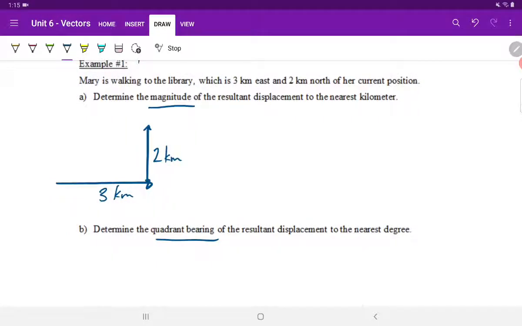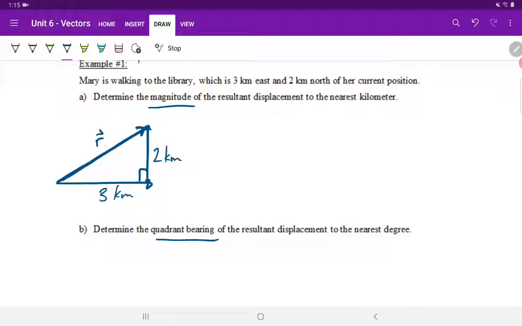And the resultant goes this way, from the starting point to the end point. So this is going to be our resultant, and we need to find the hypotenuse, essentially. This is a right angle triangle since we went straight from east to north.